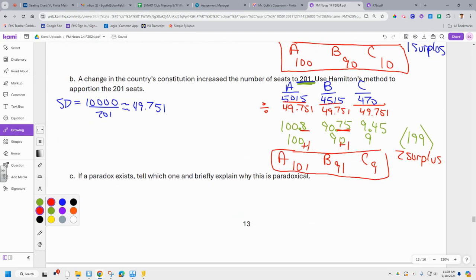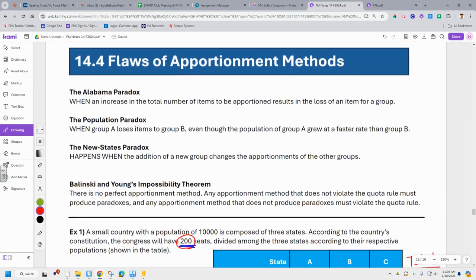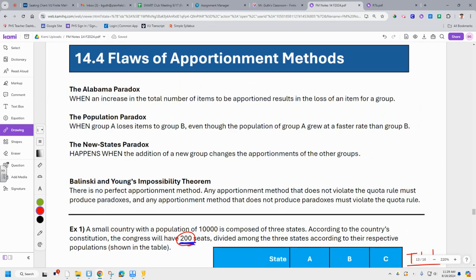Part C says, if a paradox exists, tell which one and briefly explain why this is paradoxical. If we go back and look at the definitions, the Alabama paradox says when an increase in the total number of items to be apportioned results in the loss of an item for a group. That's exactly what happened. We went from 200 to 201. But that resulted in the loss of an item for a group.